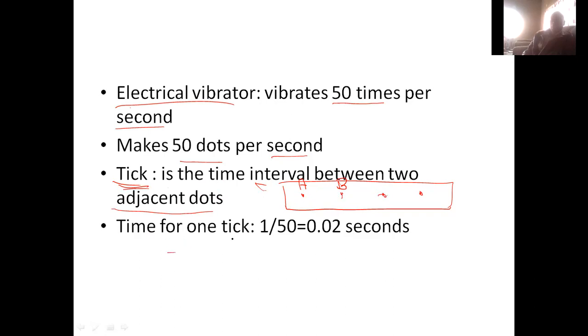And therefore, the time that it will take for a tick will be 1 over 50, as 50 dots are made in 1 second, which gives us 0.02 seconds.